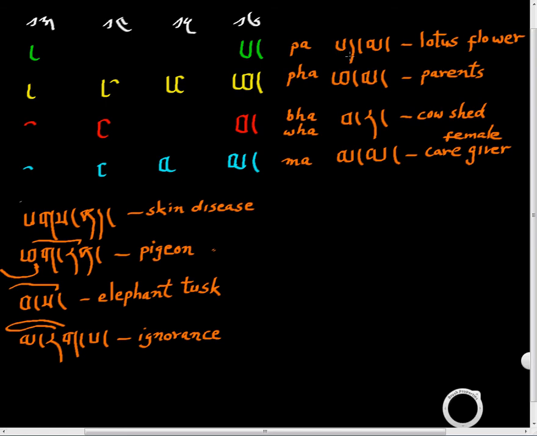Pa, ta, be, ma, be, ma, meaning lotus flower. Pa, ma, pama. Pama means parents. Pa for the father, ma for the mother. Pa, ra, para. Para meaning cowshed, and generally it's fenced. Ma, mama. Mama means a female caregiver.